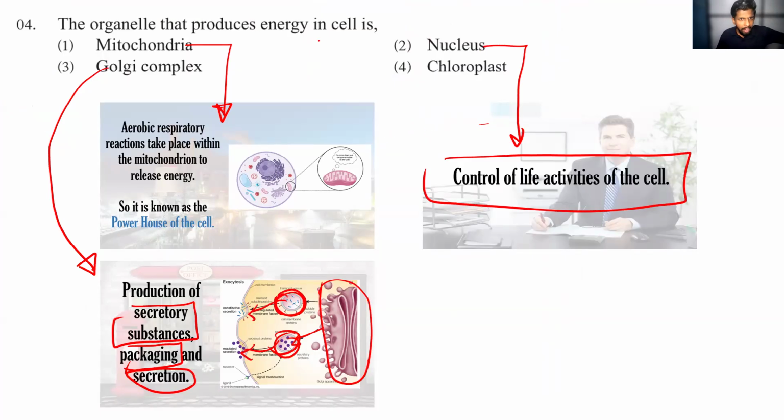Most of the students have a small confusion in this area. In your textbook, they have given the nucleus and the chromosome in the same paragraph, so most of the students confuse the function, right? Be very careful. Nucleus controls the cellular activities.